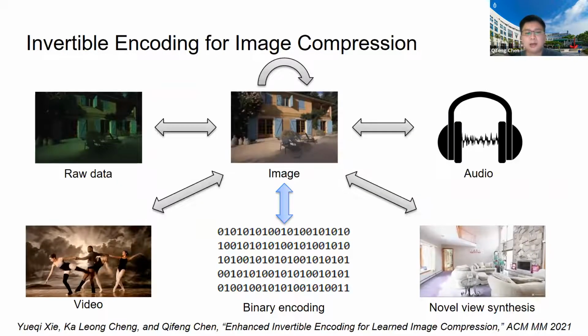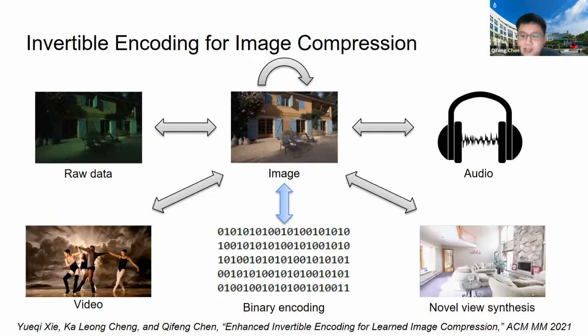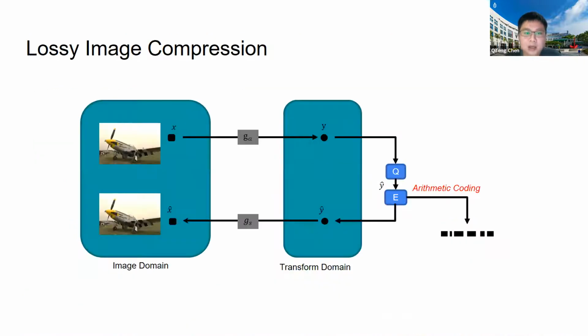And next, we also look into another type of task. So image compression. It's a task that has been studied for a long time. There are deep learning approaches. There are classical approaches. So we would compare our model to them. So let's look at how an image compression method works.